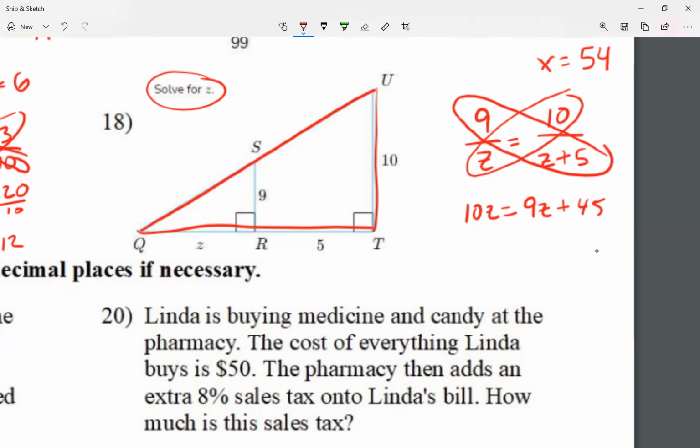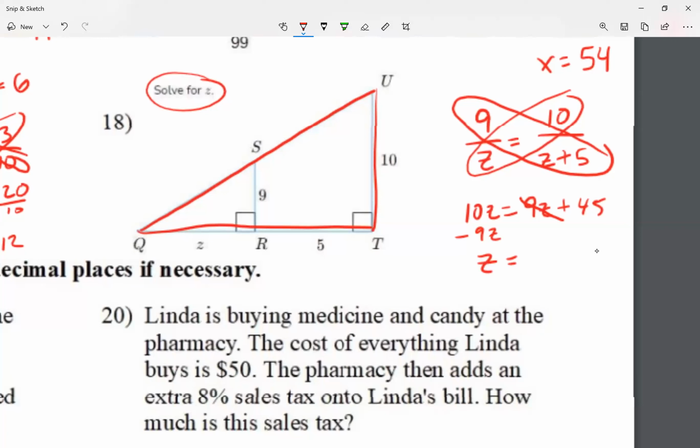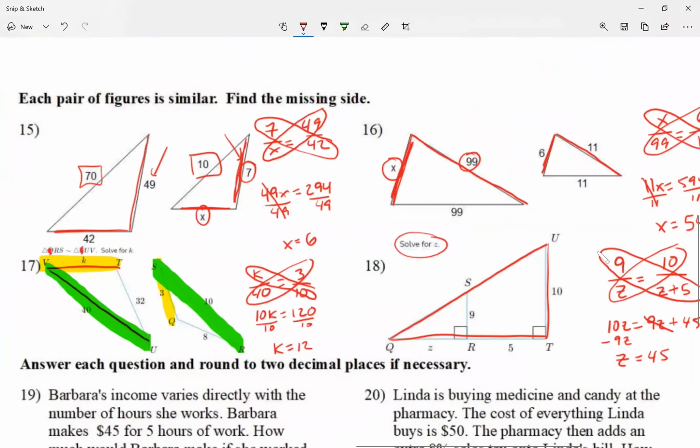Okay, so I see my equal sign. I want my letters together. So let me move this 9Z to this other side as a minus. Don't forget to switch the sign. So I'm going to move letters to one side, numbers to the other. On the left side, 10Z minus 9Z is 1Z. On the other side, I have just a 45. If I had a number in front of Z, divide both sides by that number. But in this case, I found out that Z is equal to 45. Cool. There you go.